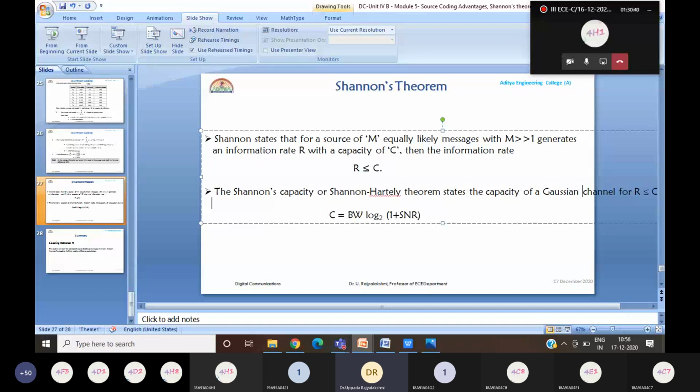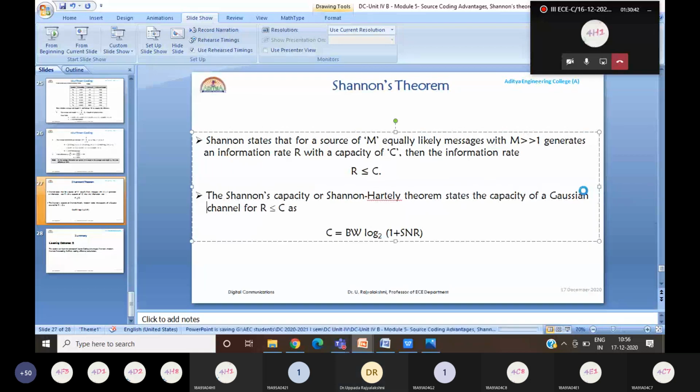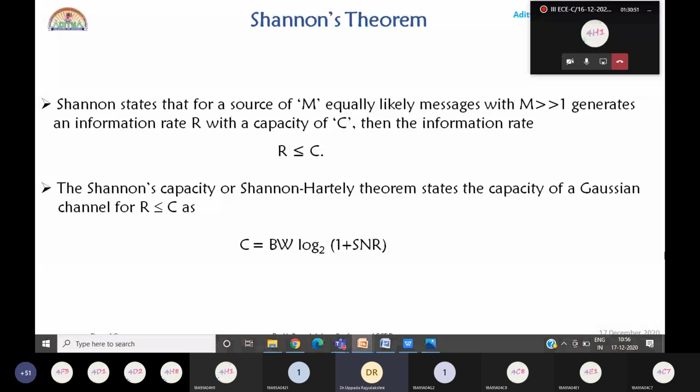It states the capacity of Gaussian channel for R less than or equal to C. So every time the information rate should be always less than or equal to the channel capacity. And our Shannon-Hartley theorem states the capacity of Gaussian channel as C is equal to bandwidth log of 1 plus SNR base 2.